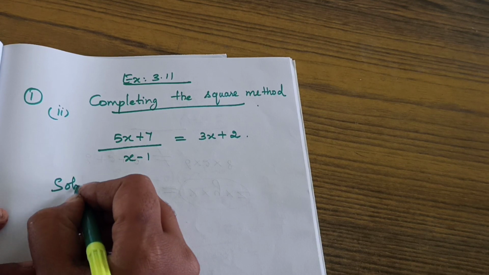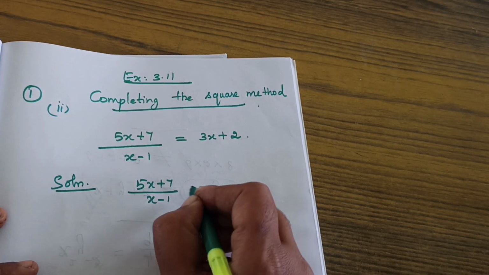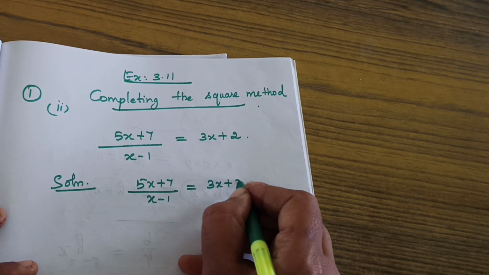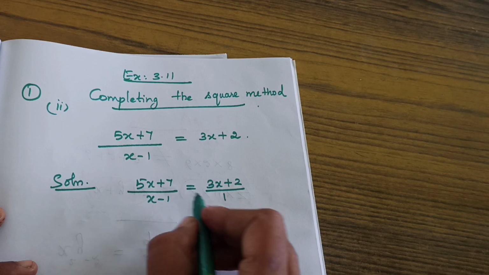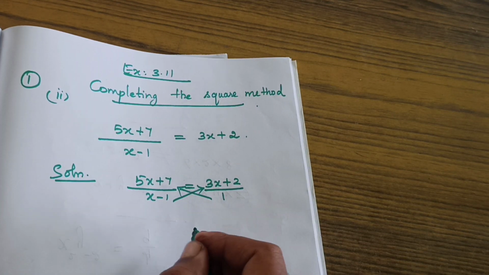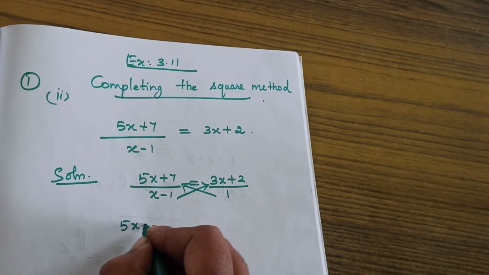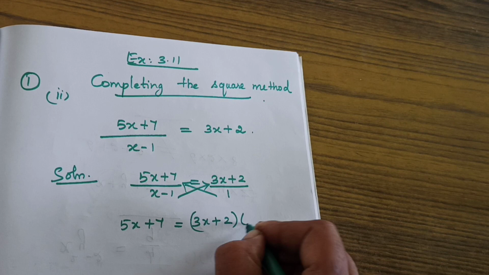So solution, 5x plus 7 divided by x minus 1, which is equal to 3x plus 2 divided by 1. Okay. Then cross multiply this. While cross multiplying, 5x plus 7 which is equal to 3x plus 2 into x minus 1.